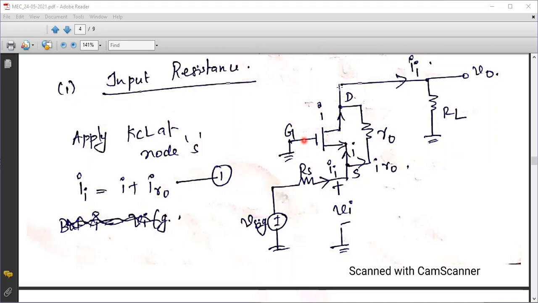Yes, please see the circuit and try to understand what is the potential difference between the source and drain. Nikita? Yes, sir.